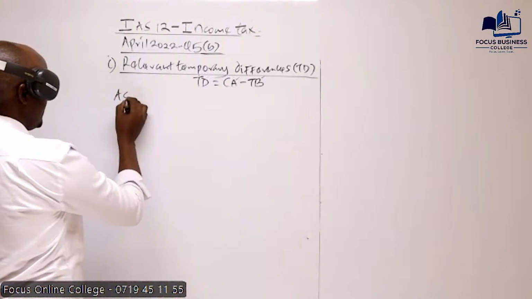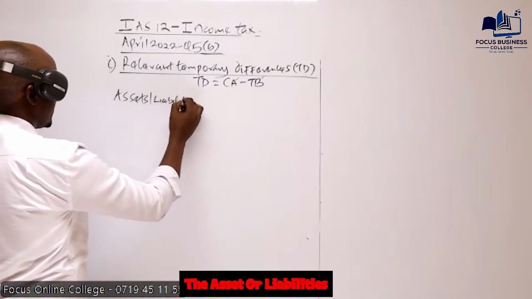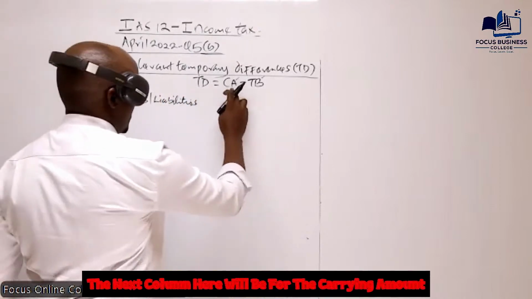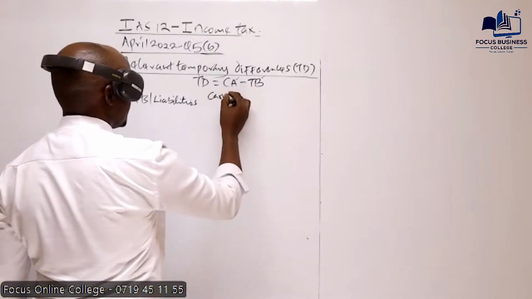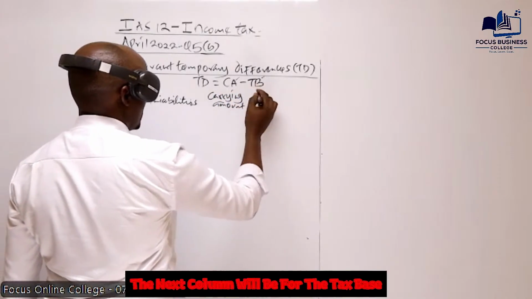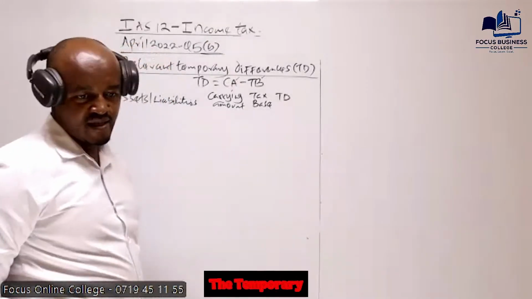In our table, we will have a column for the assets or liabilities, from note 1 up to note number 6. The next column will be for the carrying amount. The next column will be for the tax base. And the last column will be for the TD, the temporary difference.